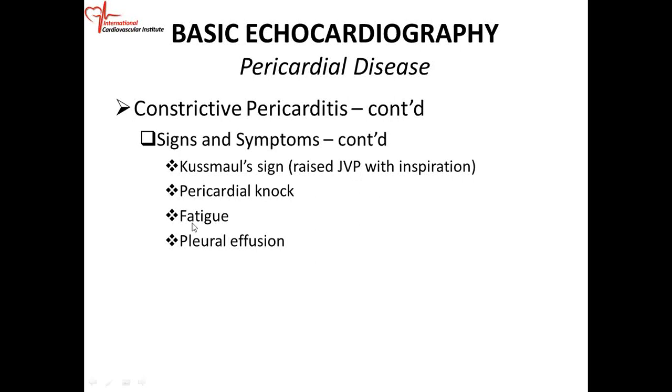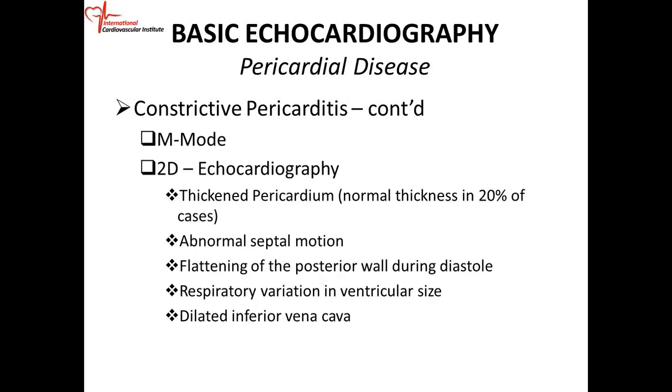The patient is going to be fatigued because the output from the heart is going to be reduced. Heart failure patients usually are fatigued, and they'll have pleural effusion. They may have a little bit of pericardial effusion in addition to the thickening of the pericardium.